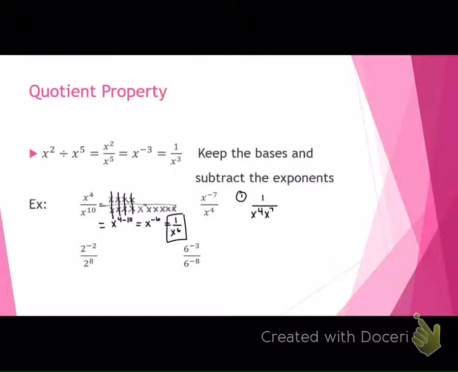So then that just becomes 1 over x to the 4th plus 7, which is 1 over x to the 11th. Thank you, I almost put 13 there. I appreciate it. Or you could do the subtraction, and you would get 1 over x to the 11th. So again, does it really matter which way you do it?